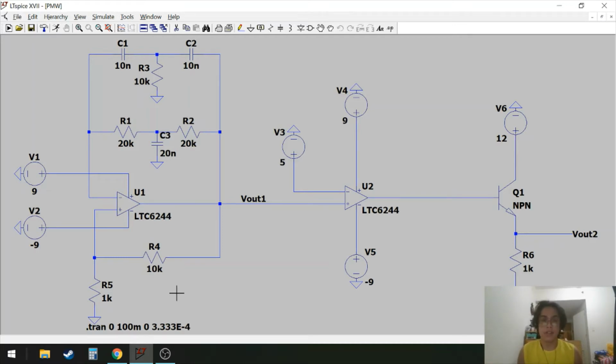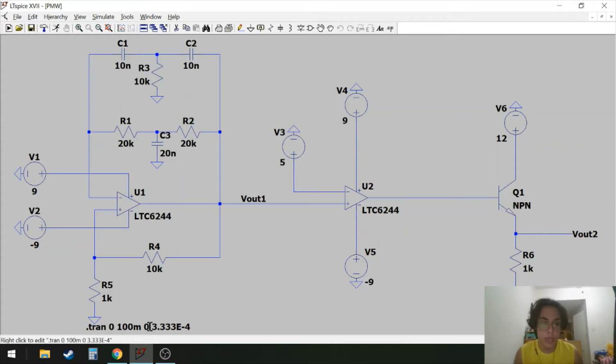Now, our professor tasked us that we need to get a sampling rate of at least 3000 hertz. To achieve that, we need to compute the time. We know that frequency is equal to 1 over t, so time is equal to 1 over f. If our f is 3000 hertz, then 1 over 3000 is 3.3333 times 10 raised to negative 4.